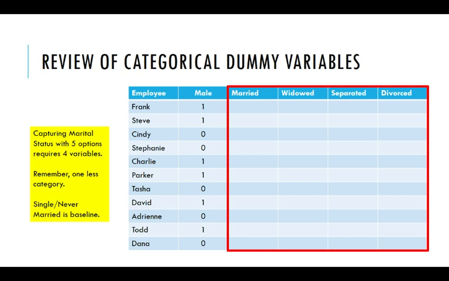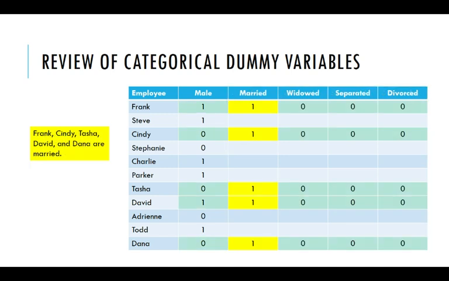But then we want to capture marital status, and we have 5 different options. But we remember that we have to drop one of those, so we have one less category. And so hopefully you see that single or never married is our baseline. Now we can easily construct this data set.